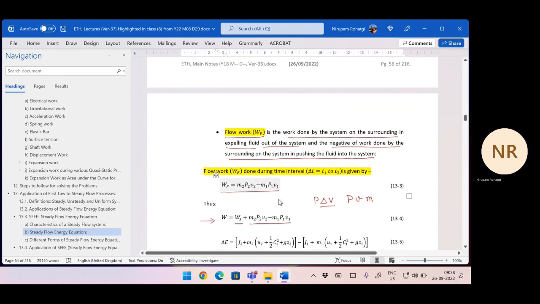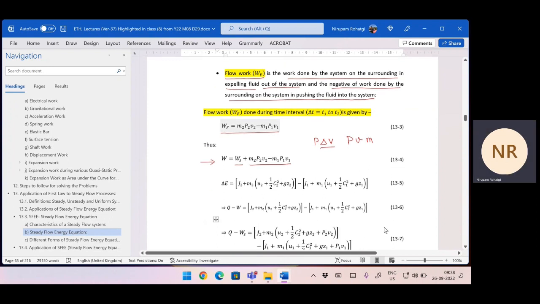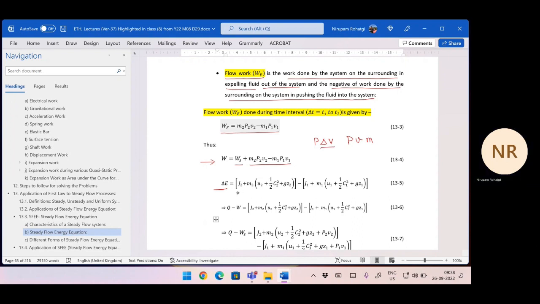Now you apply the equation. What will be the change in energy of the system? Remember, your system is made up of two parts. At the end, it has the main mass and a small mass m2.